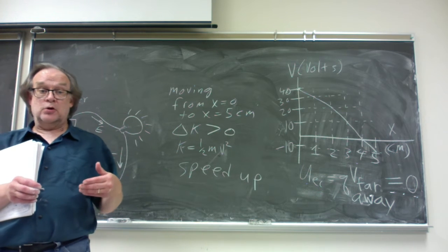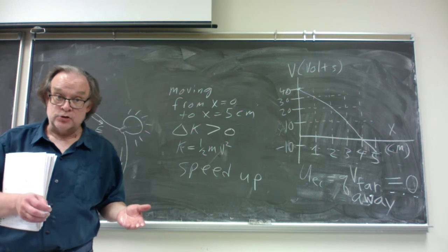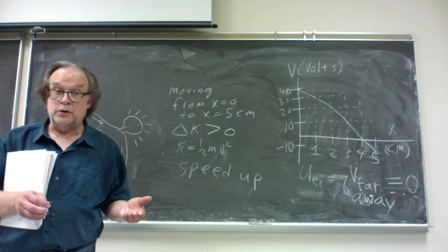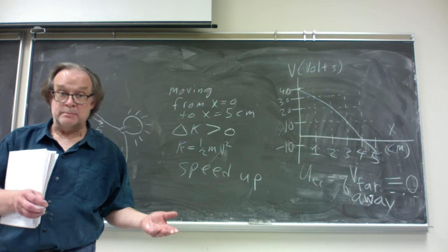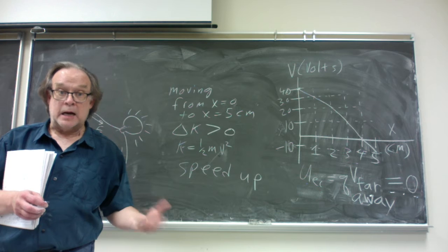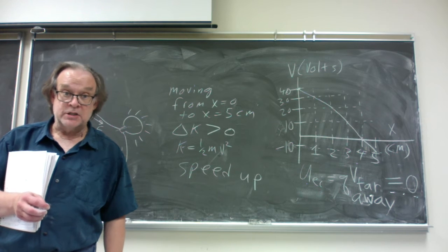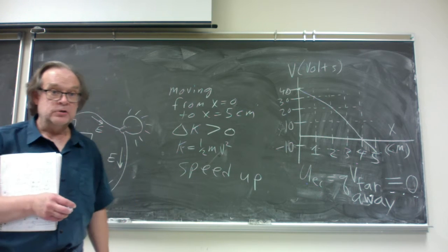And then anything with a negative charge, like an electron, would feel a force in the opposite direction, because that's what it means to be negatively charged. You feel a force in the opposite direction from what a positive charge would feel.